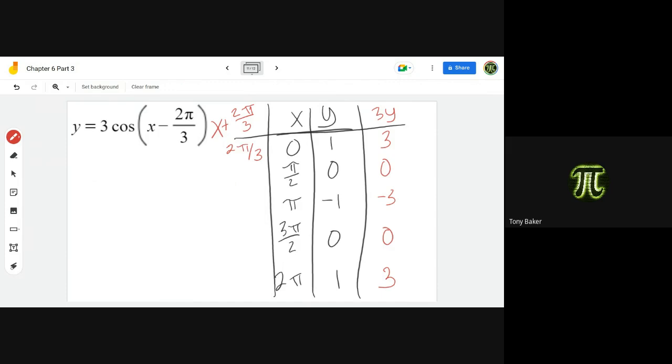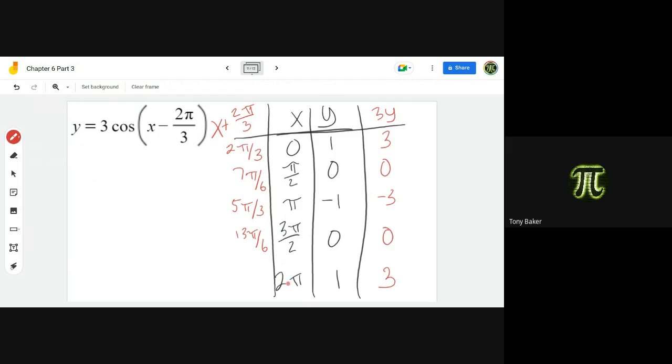2 pi over 3 plus pi over 2 is, yeah, you have to put them together. I know, that's what I'm sitting here trying to do in my head real quick. 7 pi over 6. 4 plus 9 is 13, pi over 6.